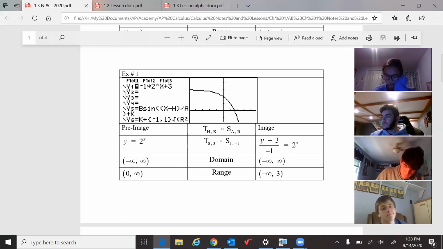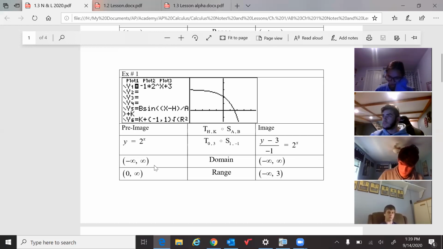But this 3 really belongs with the y. It's y take away 3. Then you're going to undo what's been done to the variable in reverse order of operations. So you undo the addition first, you add a -3 to both sides, and then you divide both sides by -1. So the parent graph is 2 to the x. That's the magnitude of the slide.